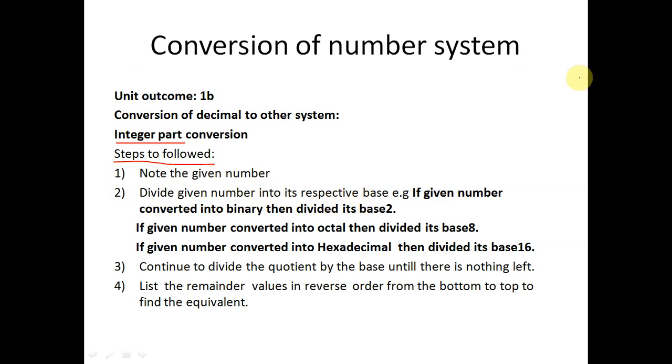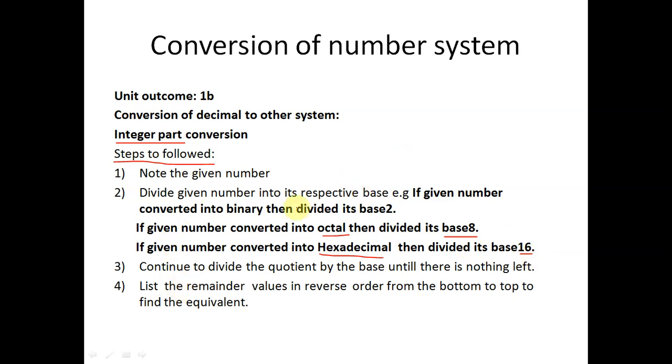For example, if the given number is binary, divide by its base 2. If the given number is octal, then divide by its base 8. If the given number is hexadecimal, then the hexadecimal base is 16, so divide the given number by 16.